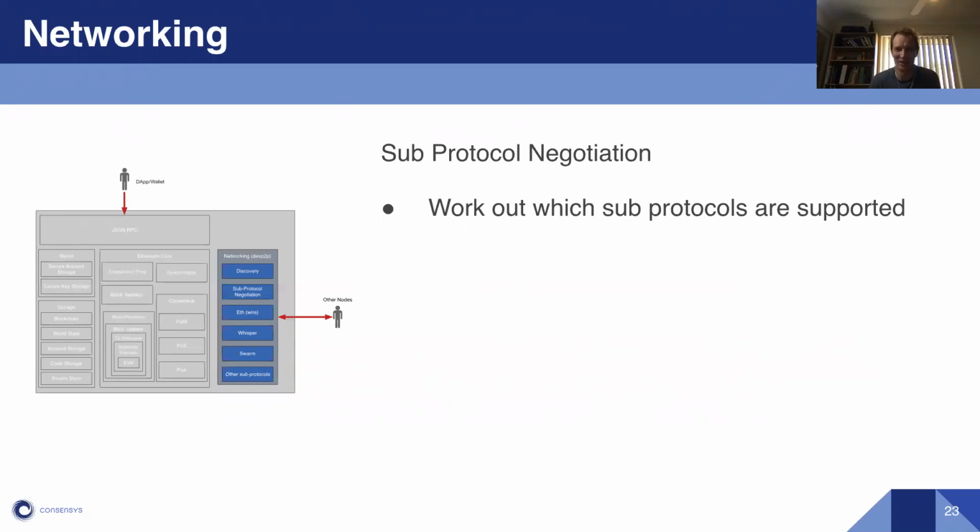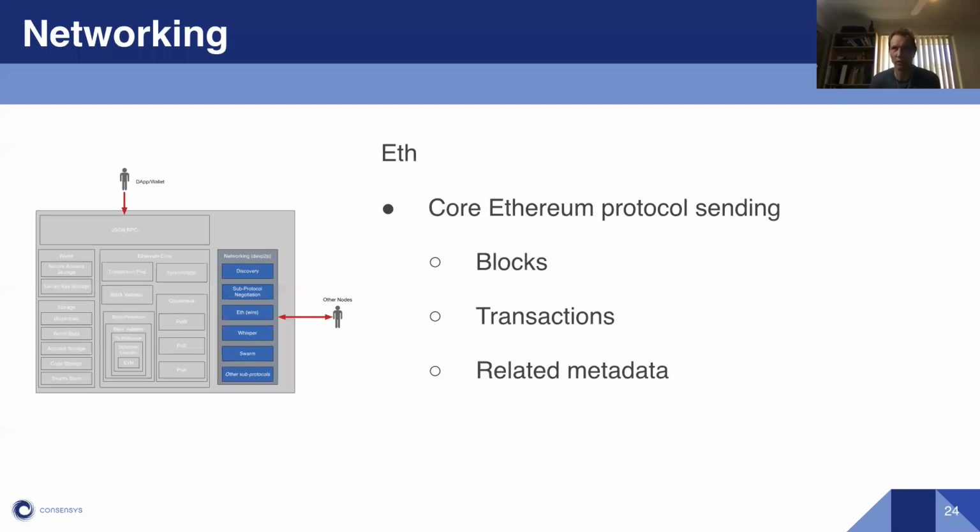One of the things that happens is our DevP2P process is working out which sub-protocols are supported. Examples of the sub-protocols that can be supported, one of the key ones is the ETH sub-protocol. The ETH sub-protocol is the most important one and the central one for everything.